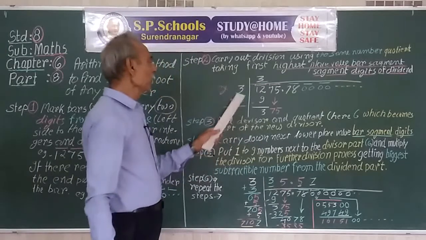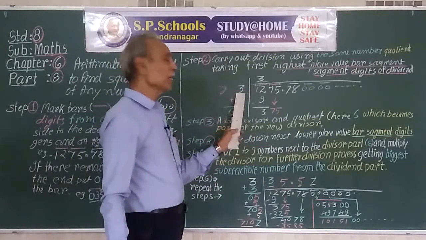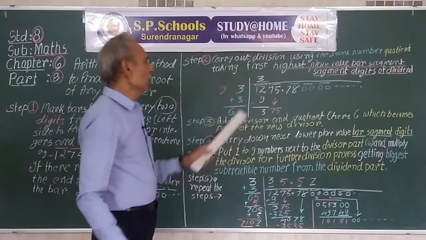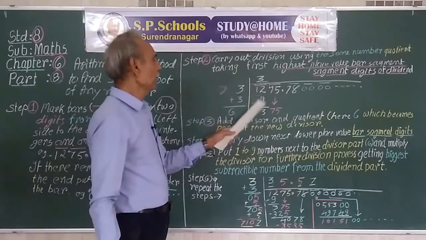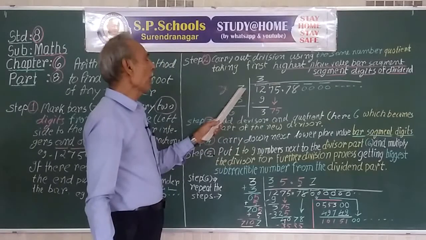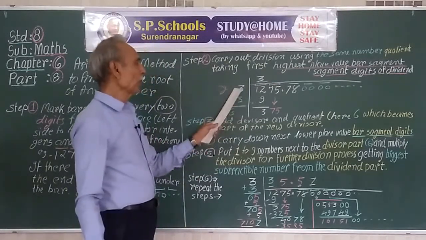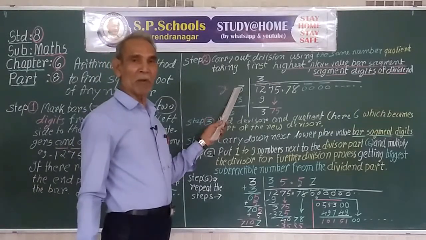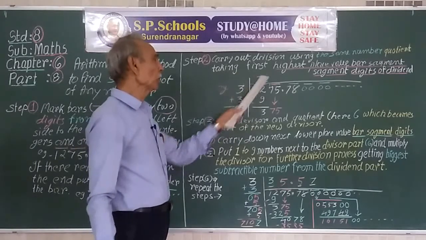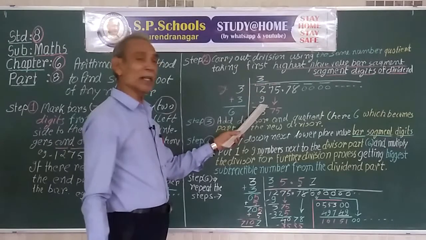Now go on dividing by taking divisor 1, 2, 3, 4, 5 like that, to get a subtractable value by multiplying the divisor by itself. Suppose we have to carry out division by 1. So 1 one is 1. If we take 2, 2 twos are 4. If we take 3, 3 threes are 9.